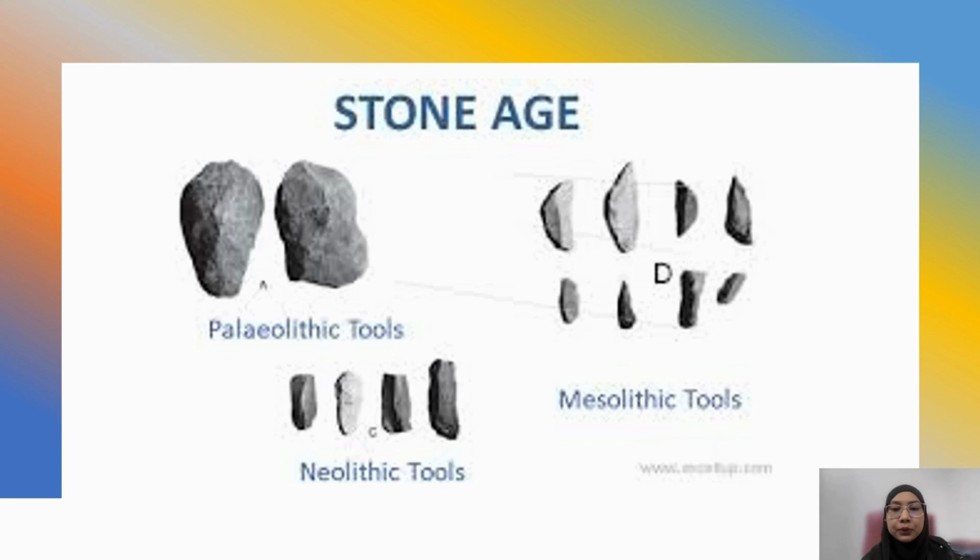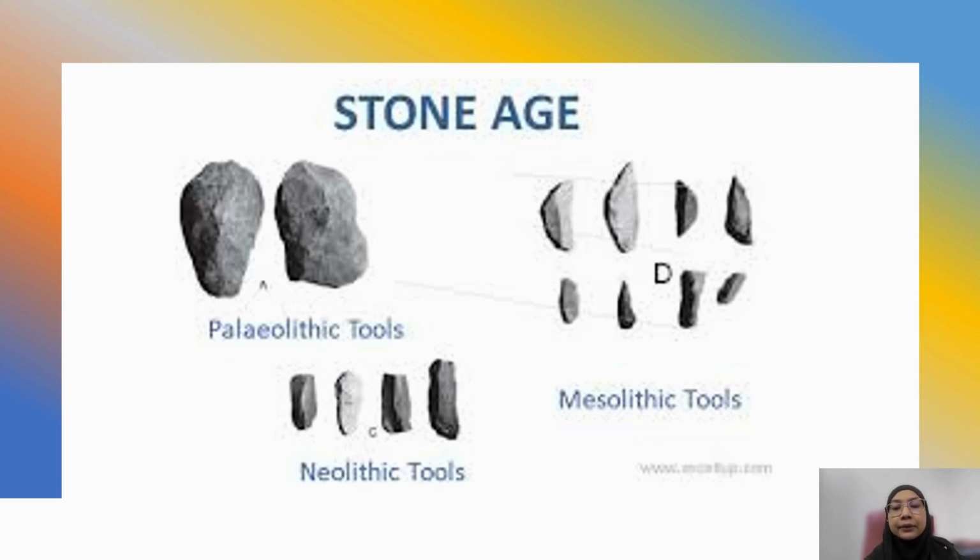When it comes to the Mesolithic phase, they made some improvements, like breaking the big stone into small stones so that they become very sharp. It is good for hunting, and making fire is also easy.